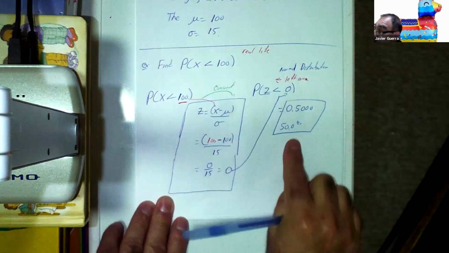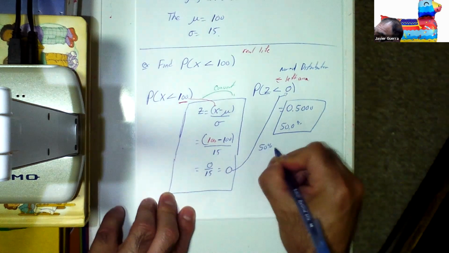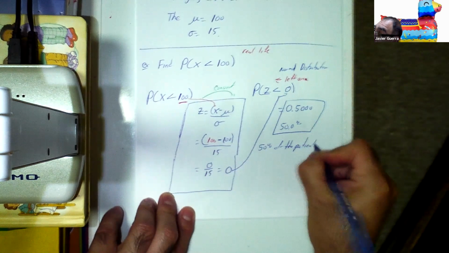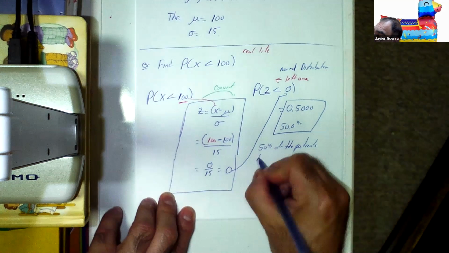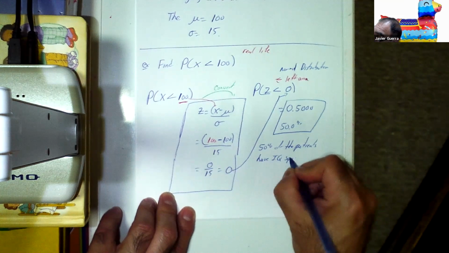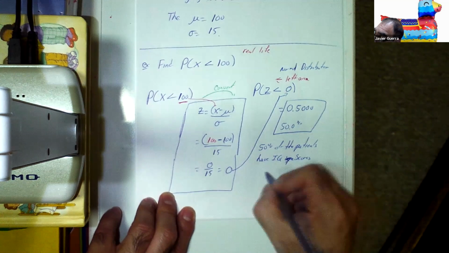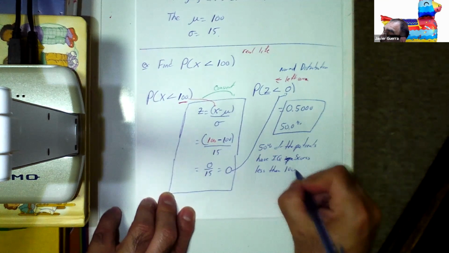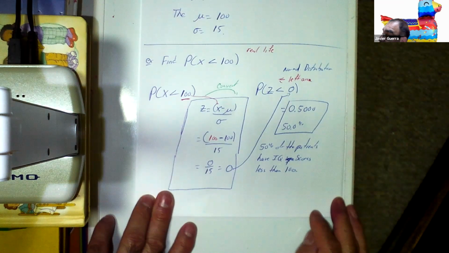Wow, 50% of the patients have IQ scores less than 100. That's what it's saying. 50% of the patients have IQ scores less than 100.